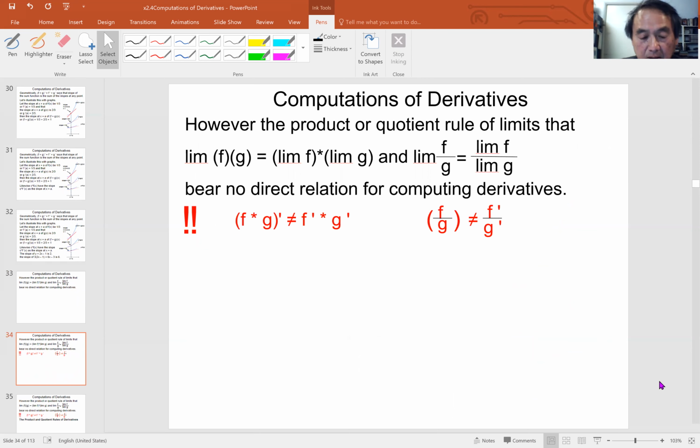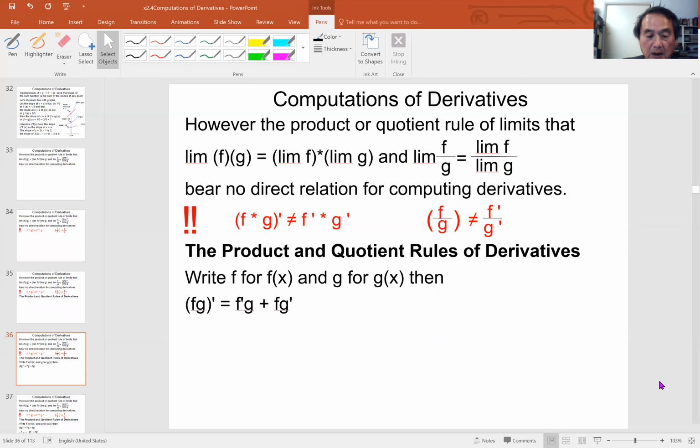And here is where things become trickier. Usually when we say take the derivative, these are the rules we have to watch. One is regarding products. The derivative of a product is not the product of the derivatives. It's just not. The same thing with quotients.